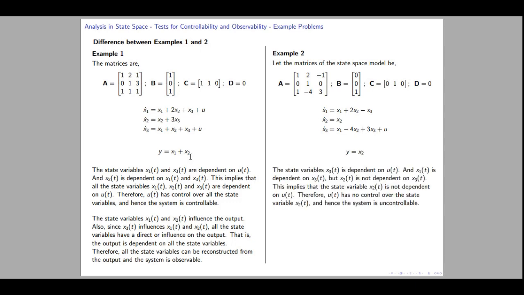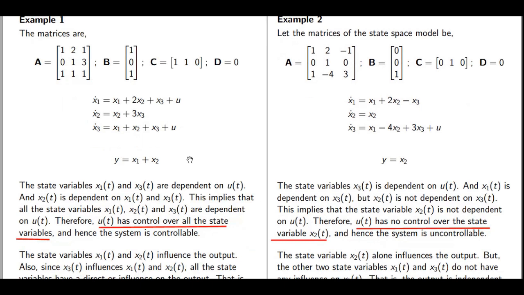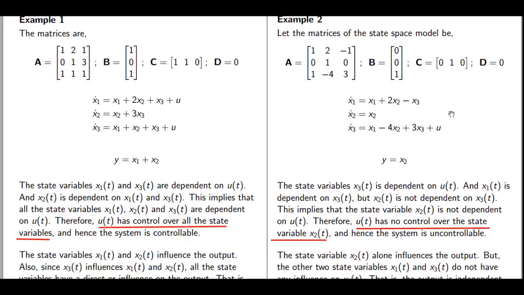But let us take the second example. Okay. So if you take the second example, see, the control input is there in only x3. So in x3 you will have a control input, and this x3 appears in x1, and therefore through x3 you will have a control on x1.